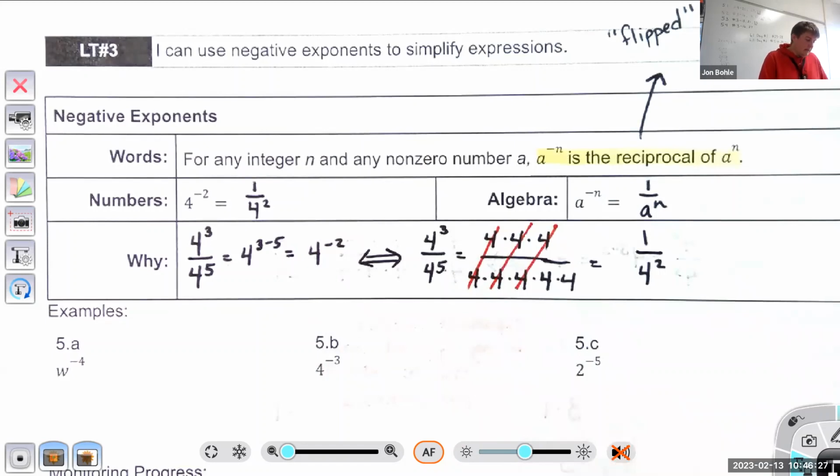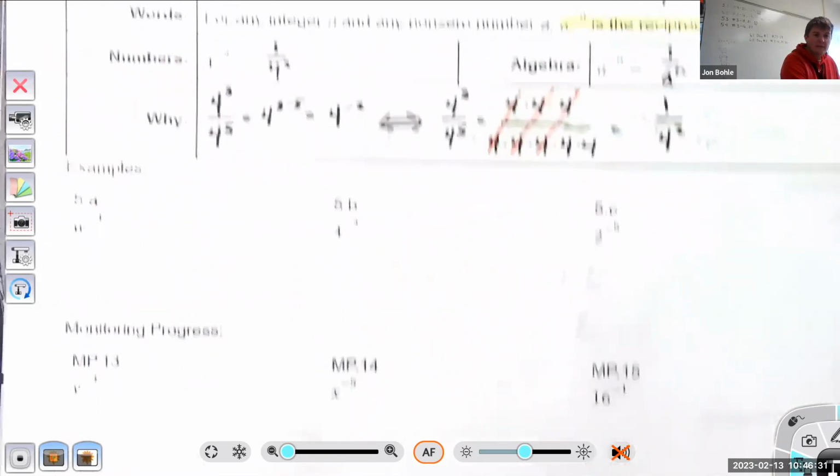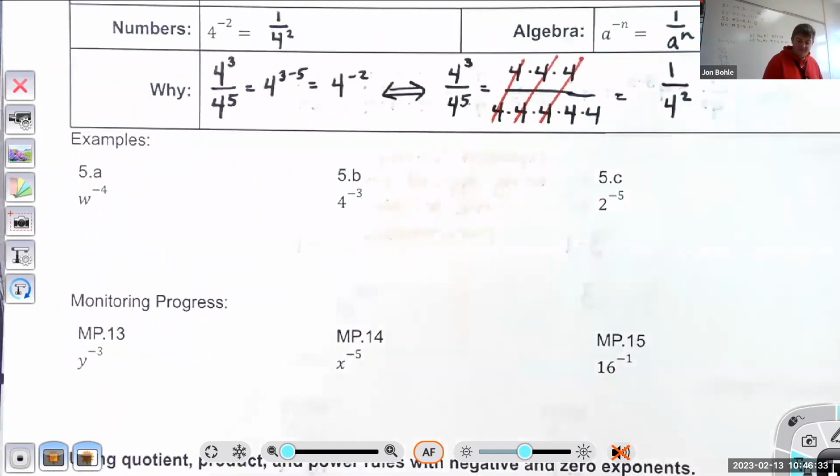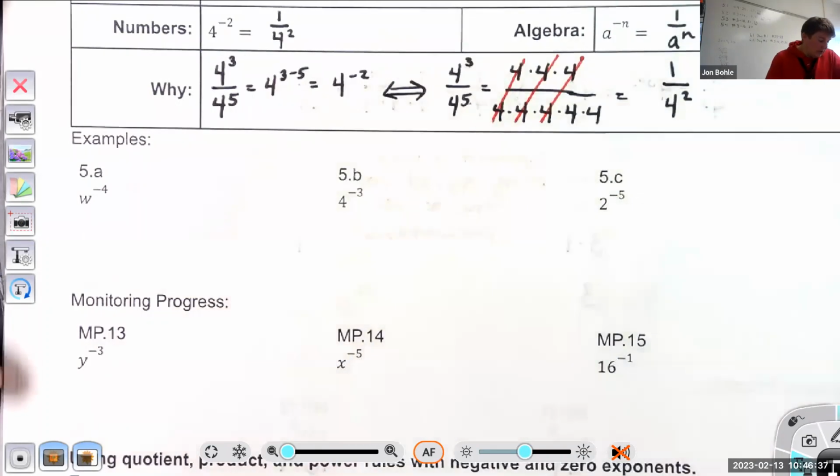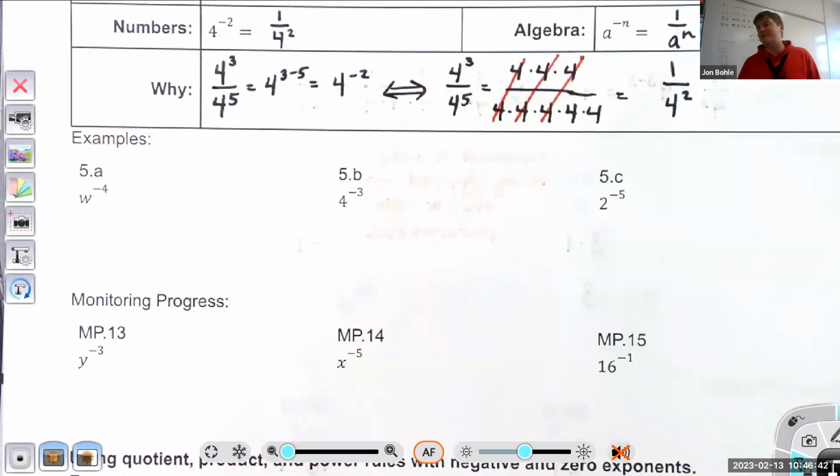Okay. Let's do a couple examples. 5A. Okay, 5A, what I am going to do is, it is a rule. There's only a couple exceptions. I couldn't honestly tell you why. You never write your answer with a negative exponent.